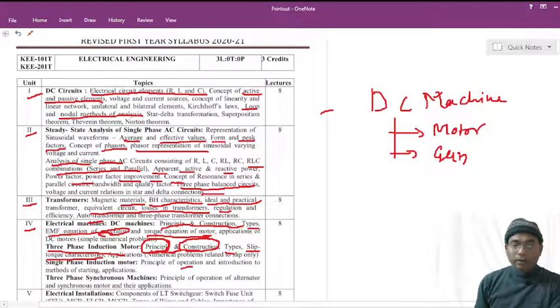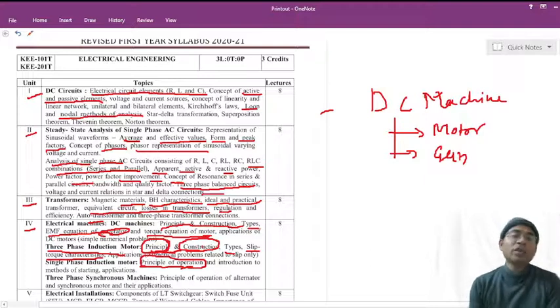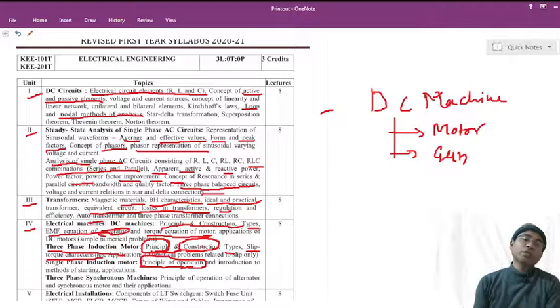So you will learn here what is the working principle and operation of single phase induction motor, and the introduction to starting method. You will learn the starting, because single phase induction motor is not a self starting. Three phase induction motor is self starting.